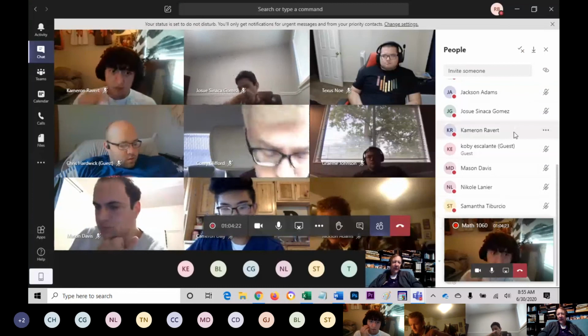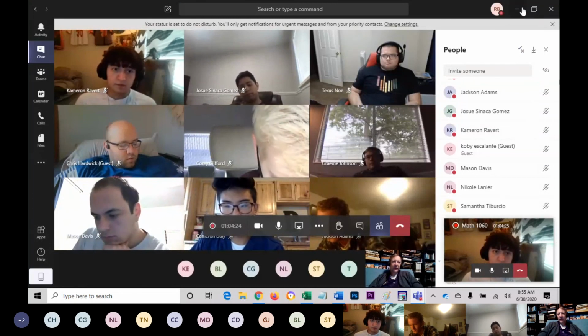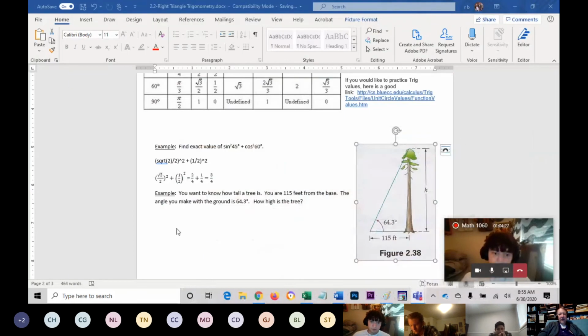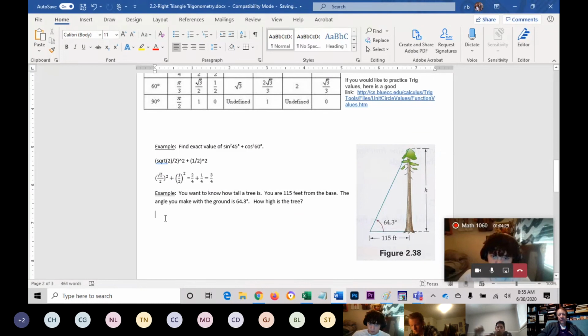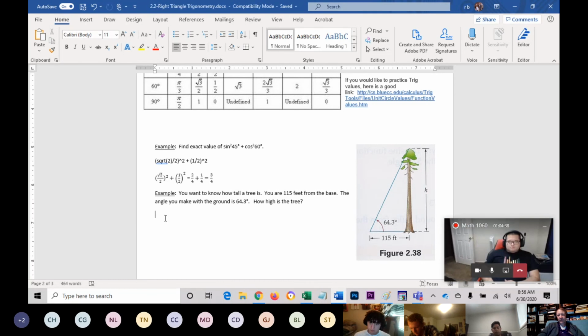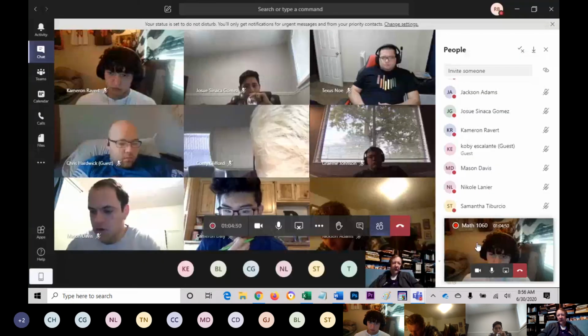I just picked on Cameron with a K. Kobe Escalante. Can you help me with this one? How would you figure out how tall that tree is? Kobe, are you here?